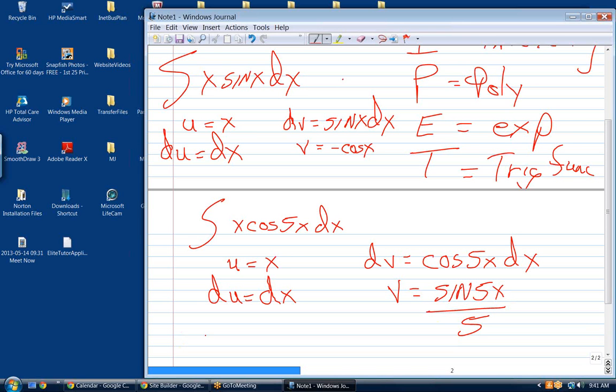So now our answer is what? It's uv minus the integral of v du. So tell me what that would be. It's x times sine 5x over 5, minus the integral of sine 5x over 5 dx.